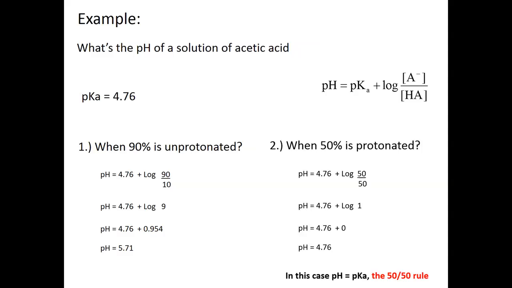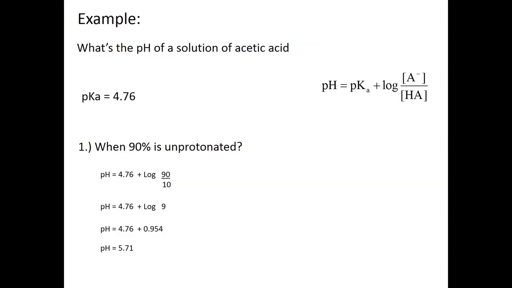This is the calculation that I put in there. I don't know if you've been able to do it at home, but you have your pKa value that doesn't change. In this case, you have acetic acid, and the pKa is 4.76. If in this ratio you have 90% conjugate base and the remaining acid is 10%, because the sum of the two should be 100%, right?